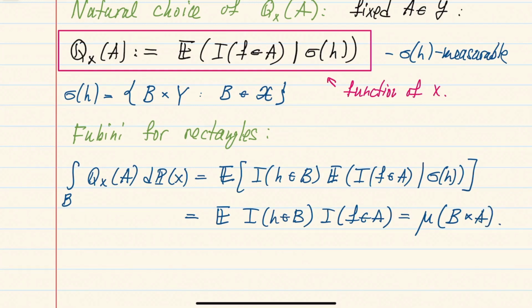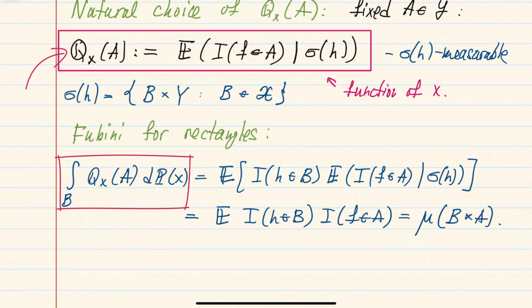And if you recall, in the definition of the transition kernel, that's exactly the definition of the measure mu on the rectangle. So the construction in this case of this function qx of A, it does match at least for a fixed set A.